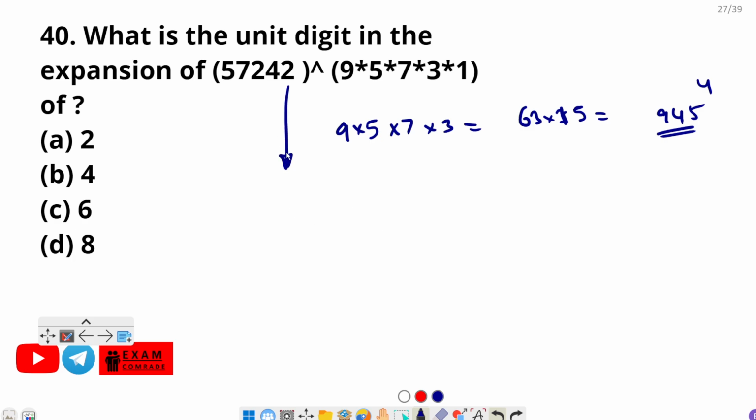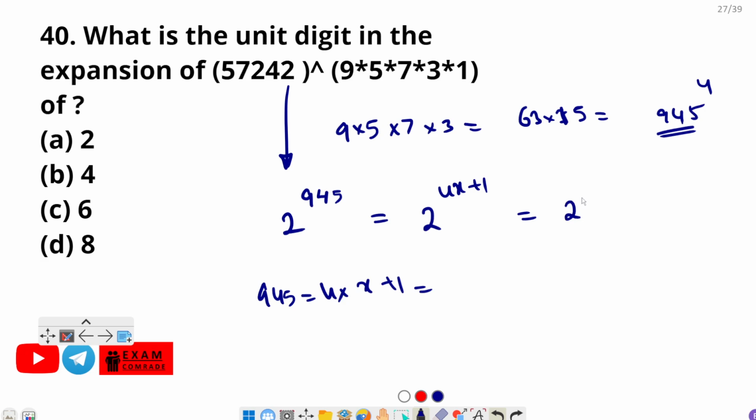We only need the unit digit, so let's take only the unit digit of this term, that is 2 power 945. 945 can be written as 4 into 236, so 4x plus 1. So the answer will be 2 power 1. So 2.